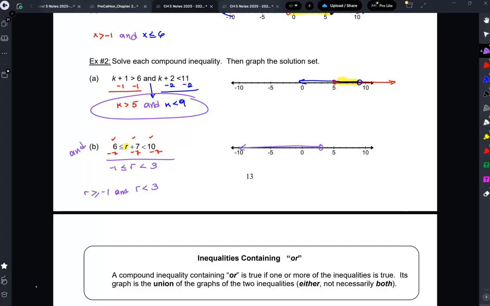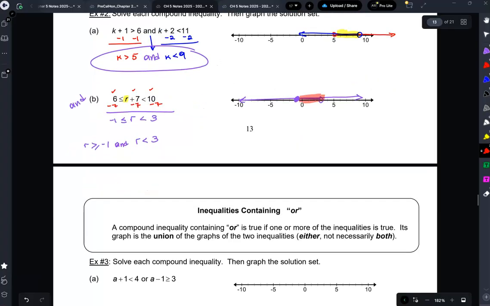And then the overlapping region is this middle region. So when you have an and, the solutions are only the values that are in the overlapping region.